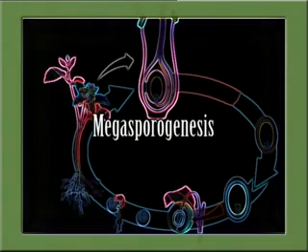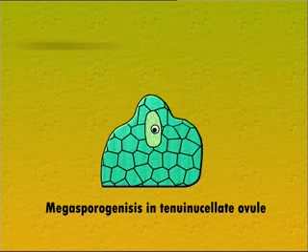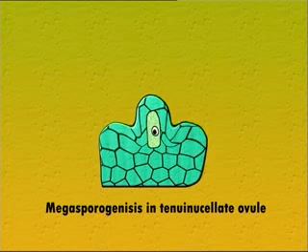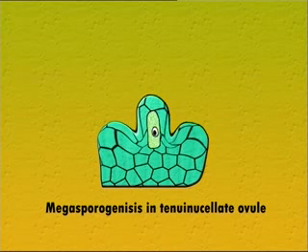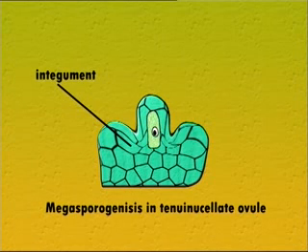Number 1 is megasporogenesis. It begins with the differentiation of archesporial initial in the nucellar epidermis. It becomes more prominent than its surrounding cells because of its large size, denser cytoplasm and larger nucleus.